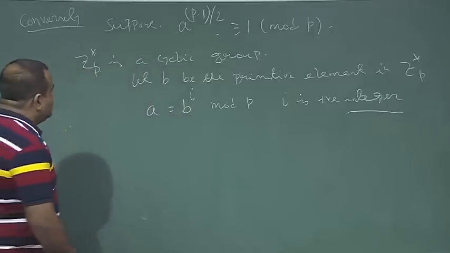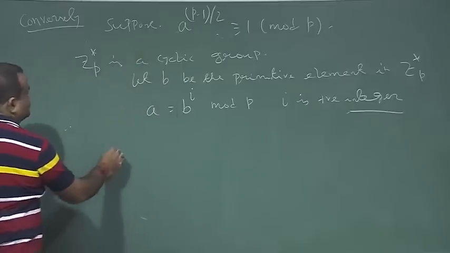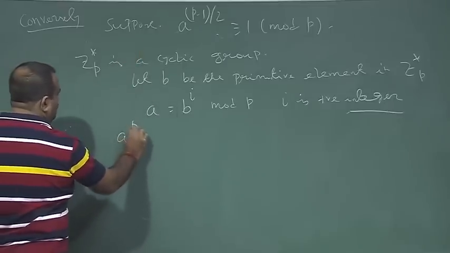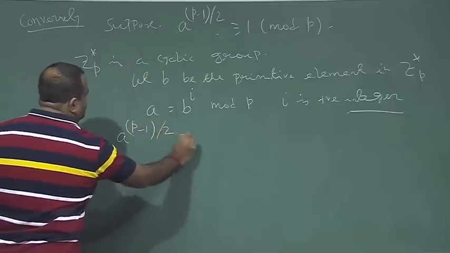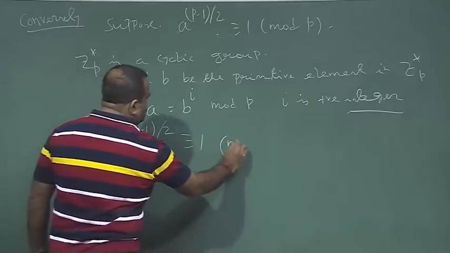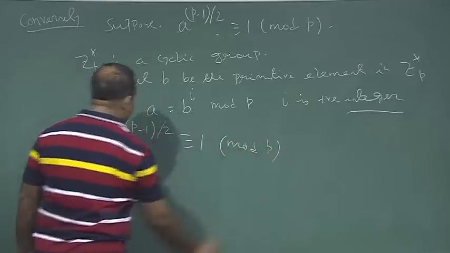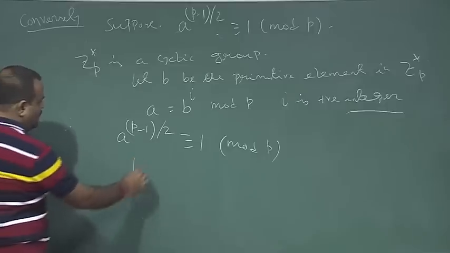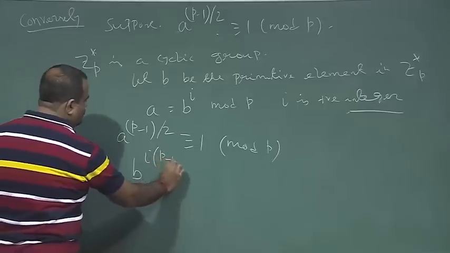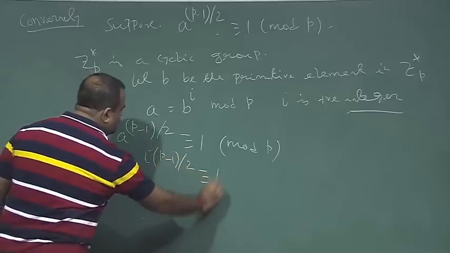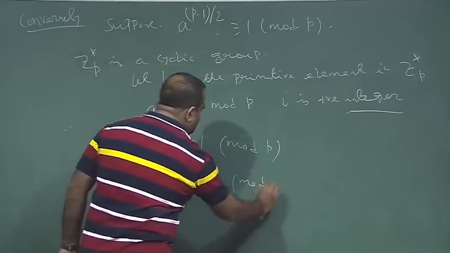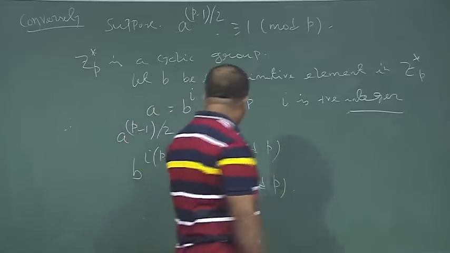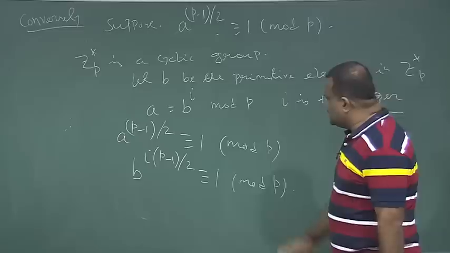Now, we will use Euler's result, this is 1 mod P. Now, we will put B here. So, B to the power I into (P minus 1) by 2 is 1 mod P. B is a generator.